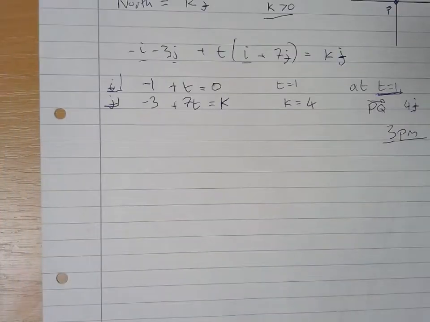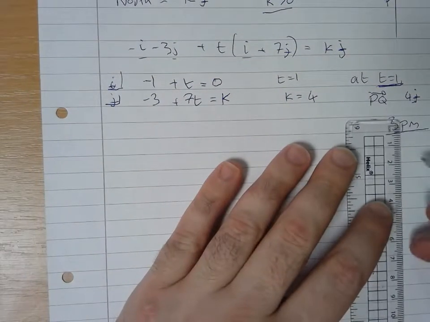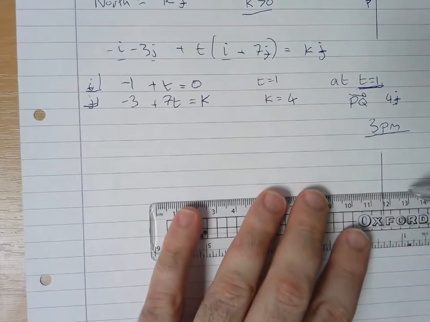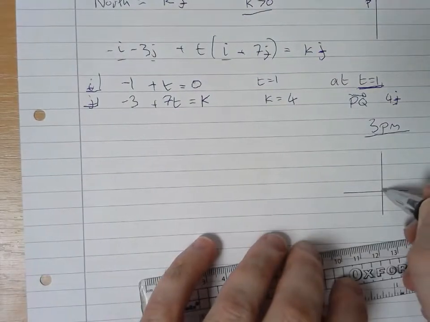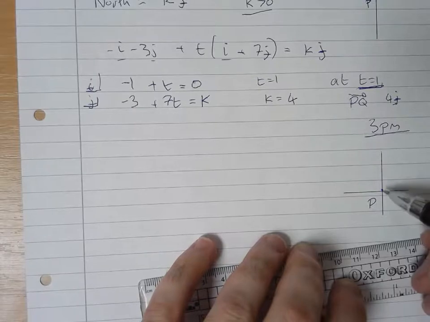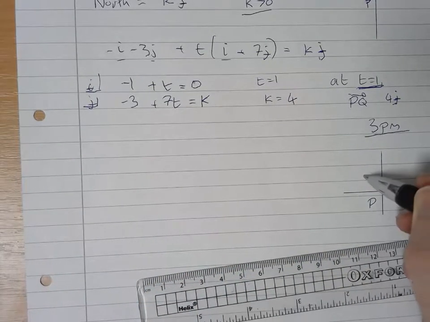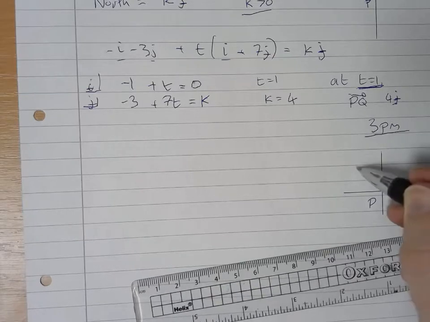For the second bit, we're asked when Q is northwest of P. So if I draw another little mini set of axes over here, and I put P in the middle, then when Q is northwest, which is up over here, this is where Q is.